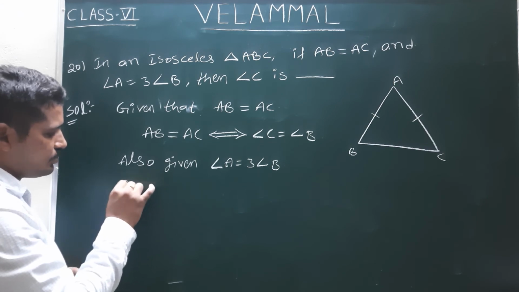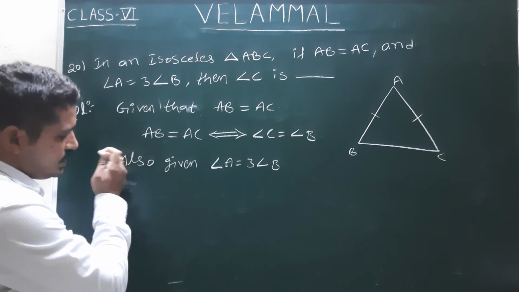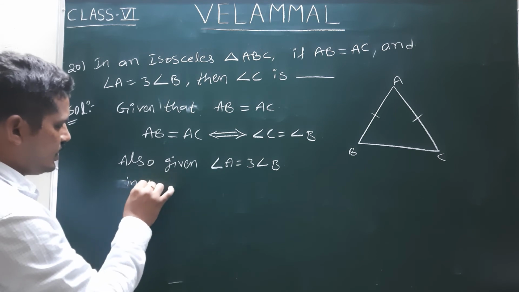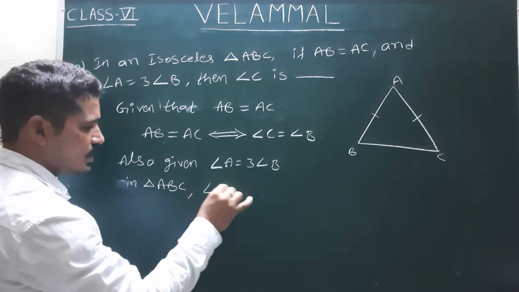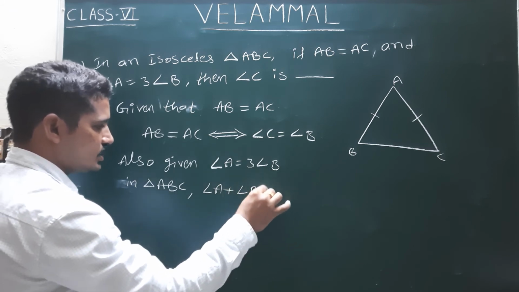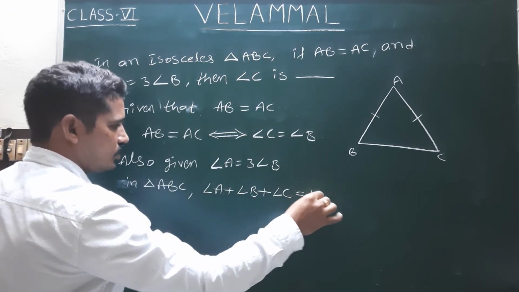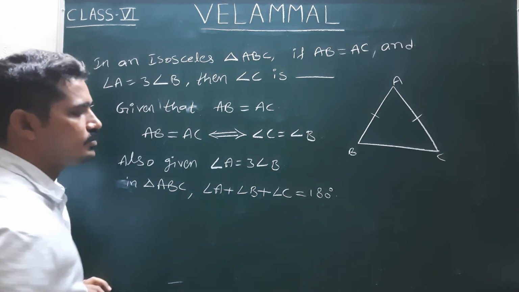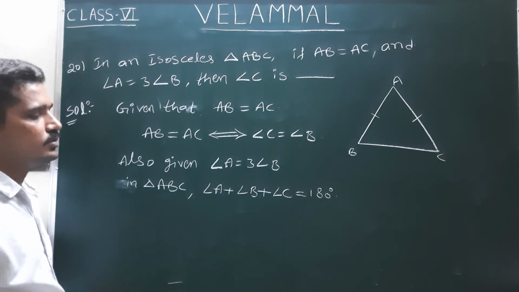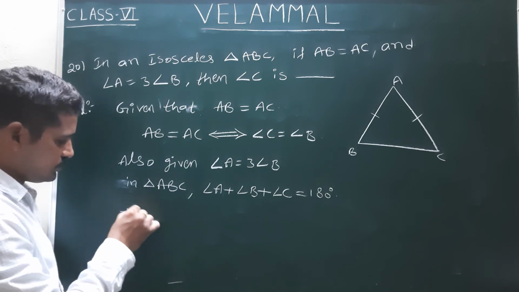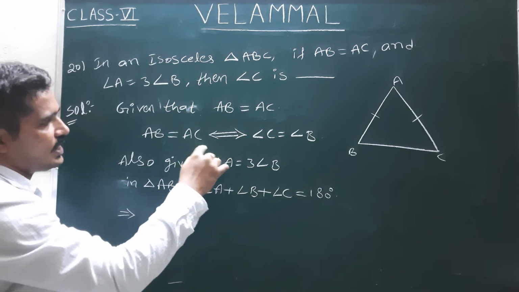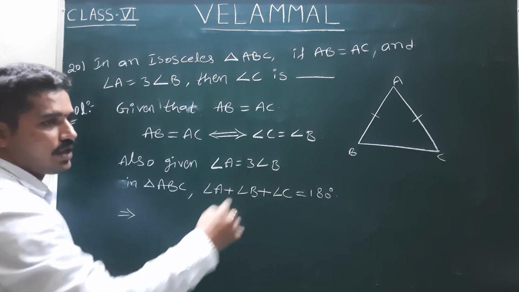And what we have, by angle sum property, in triangle ABC, we know that angle A plus angle B plus angle C must be equal to 180 degrees. So we can substitute these values now. Angle A is equal to 3 into angle B is given.